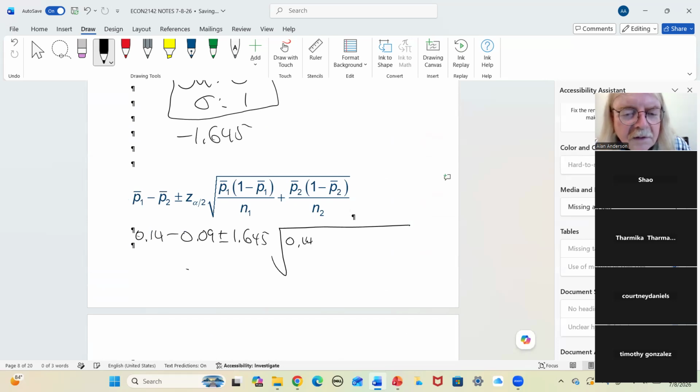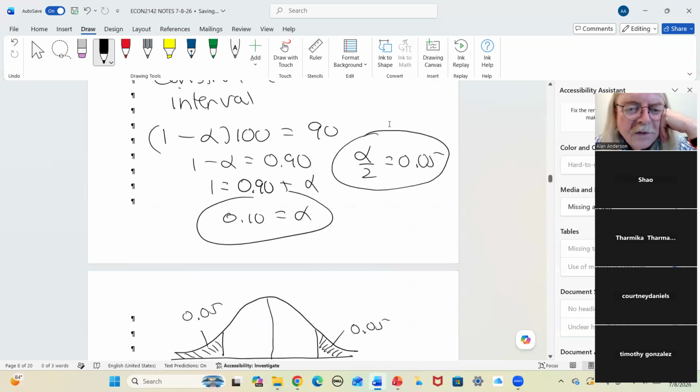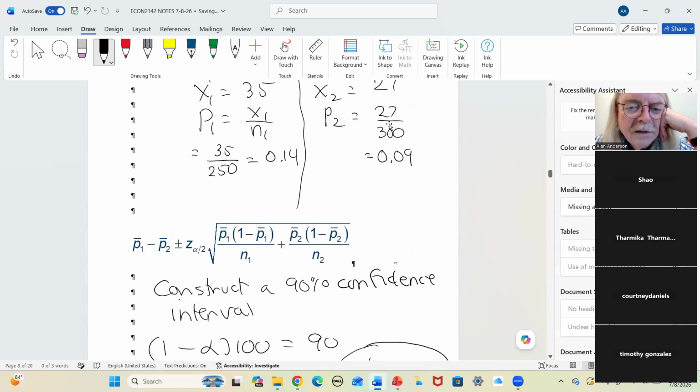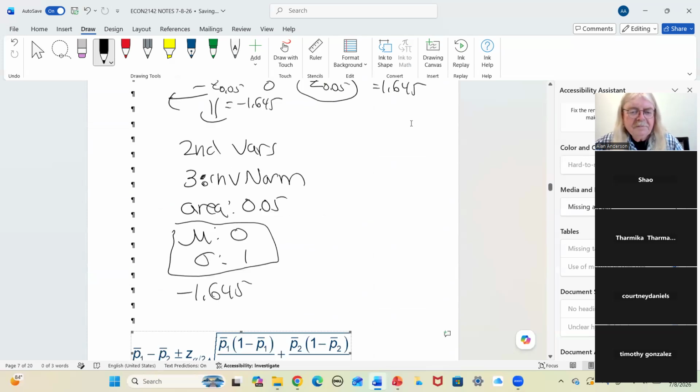Now, of course, 1 minus that is 0.86. I forgot about the sample size. So let's go look those up. N1 is 250, if I remember correctly, and N2 is 300. Yes, good.